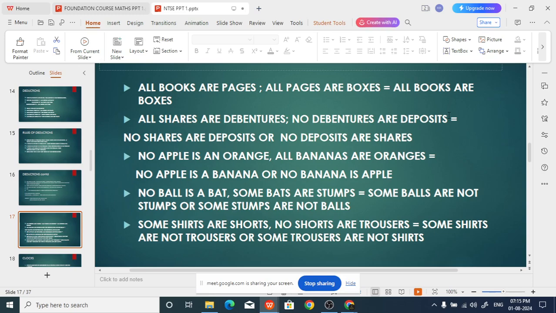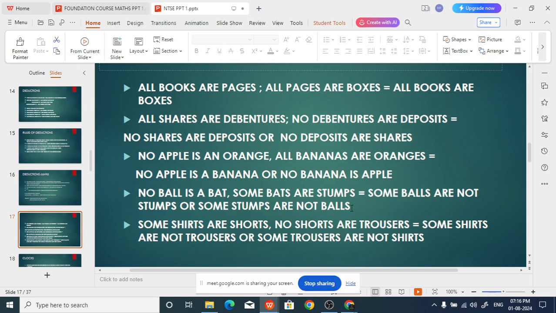So what is the answer? Particular. Some balls are not stumps, or some stumps are not balls.